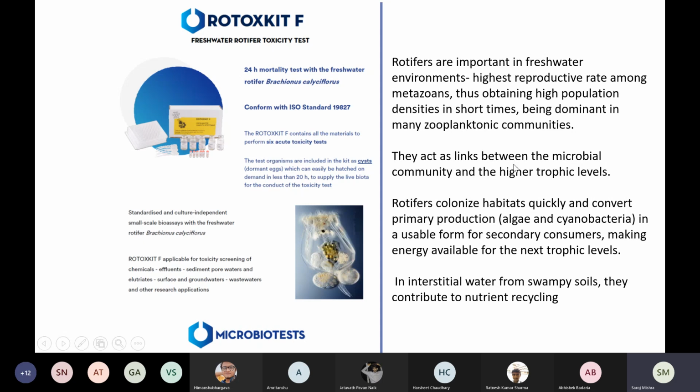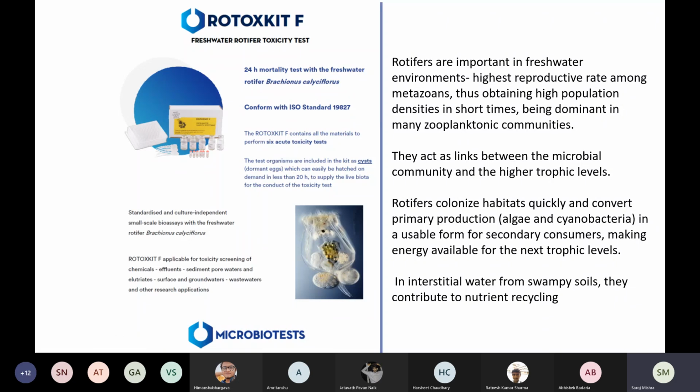They also act as a link between the microbial community, which is at the primary producer level, and the higher trophic levels. They colonize habitats very quickly. They convert the primary producers, which are algae and cyanobacteria, into a usable form for secondary consumers, therefore making energy available for the next trophic level. Extremely important.